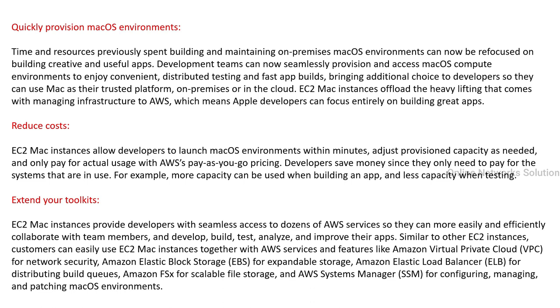Similar to other EC2 instances, customers can easily use EC2 Mac instances together with AWS services and features like AWS Virtual Private Cloud (VPC) for network security, Amazon Elastic Block Store, known as EBS, for expandable storage, Amazon Elastic Load Balancer (ELB) for distributing build queues, Amazon FSx for scalable file storage, and AWS Systems Manager (SSM) for configuring, managing, and patching Mac OS environments.